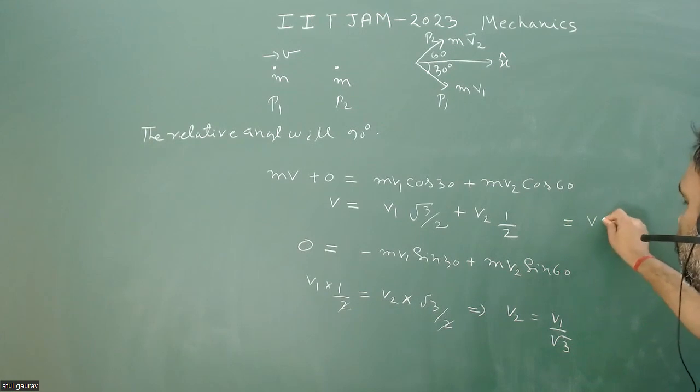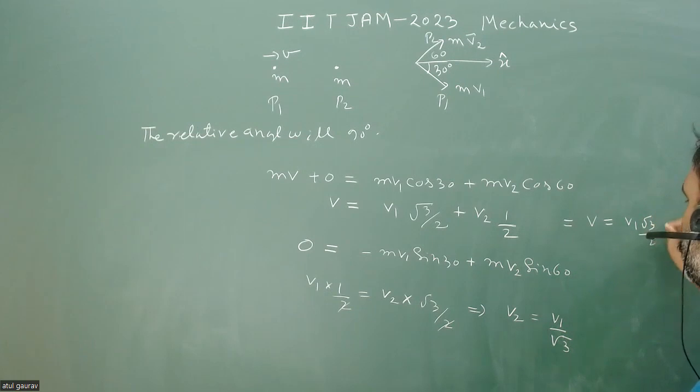So v equals v1 root 3 by 2 plus v2 times half, and we replace v2 by v1 by root 3.